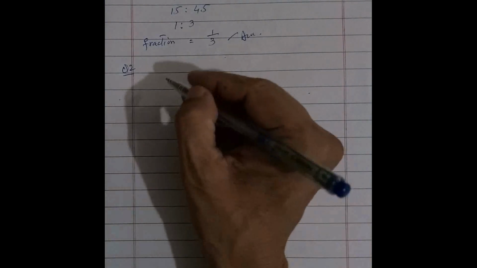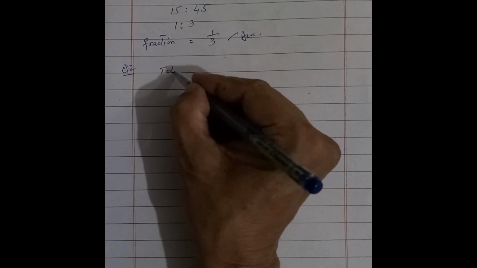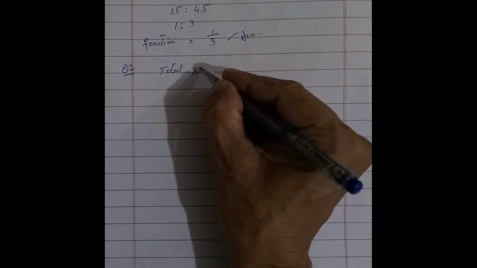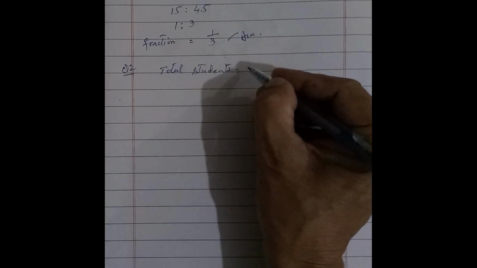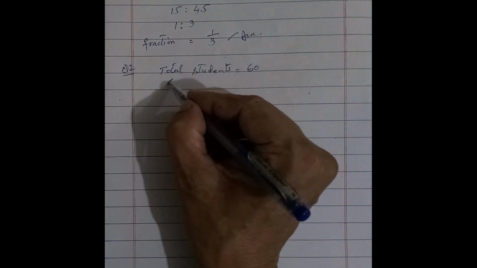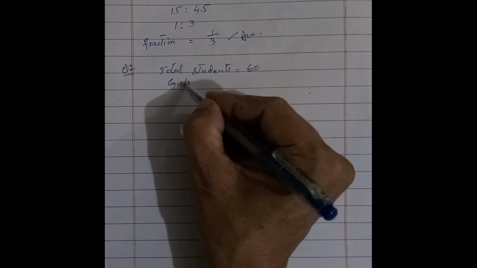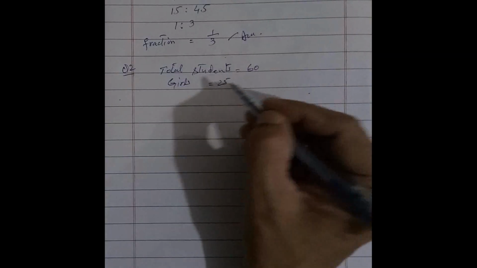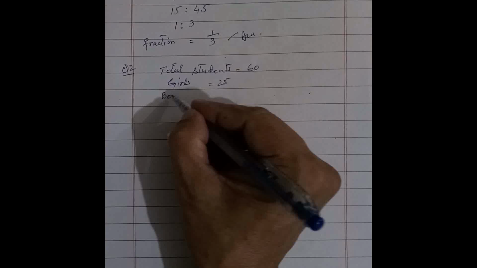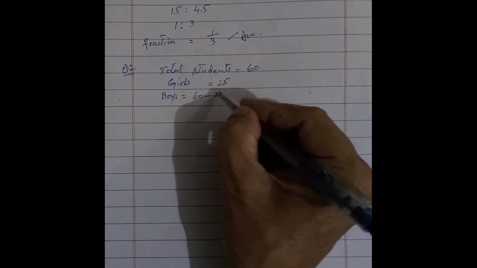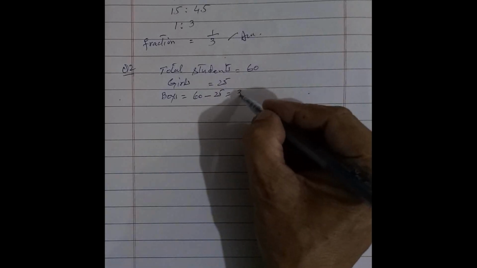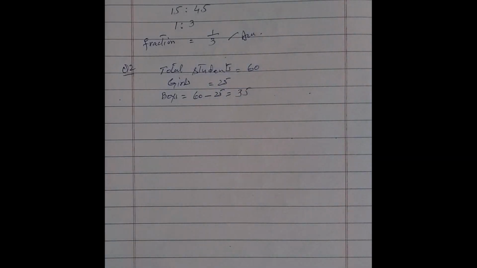First we find the number of boys in the class. The total students is equal to 60, and the girls are 25, and the boys are the remaining: 60 minus 25 is 35.